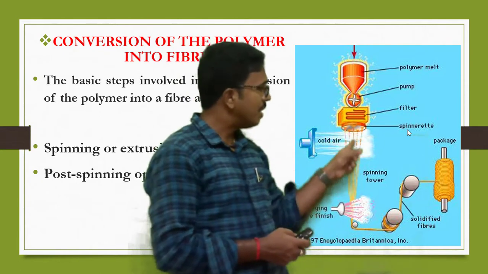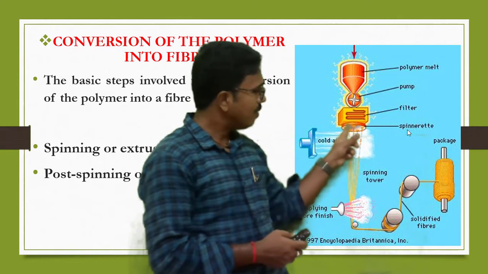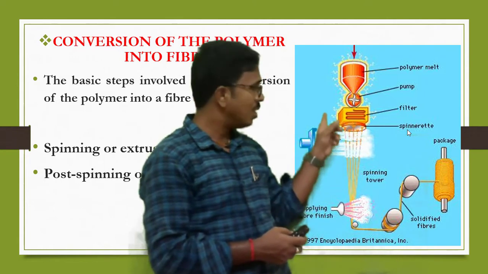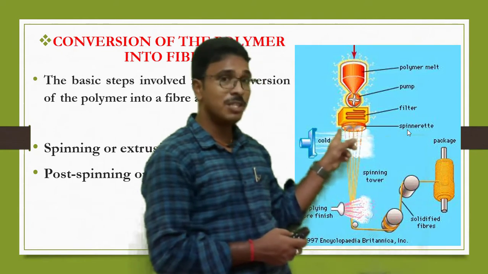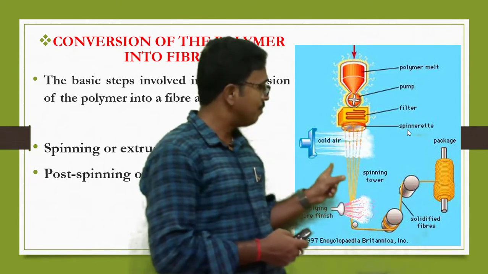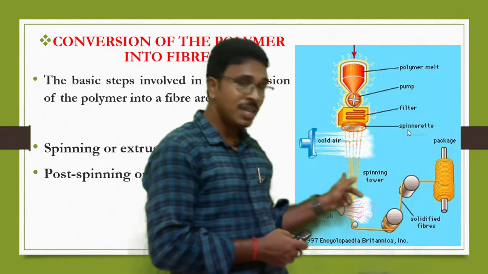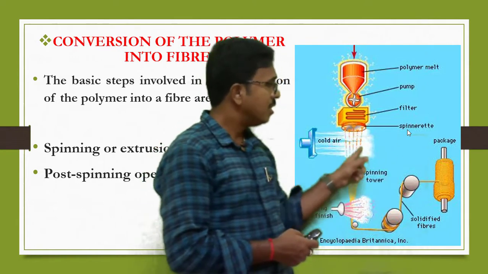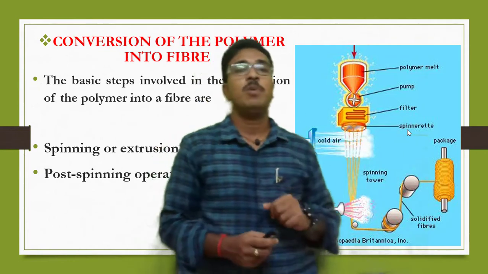Soon after, the filaments produced are passed through cool air, which is one of the important post-spinning operations, and then we apply some finish here, and then the filaments are drawn between two rollers, then wound onto a bobbin.